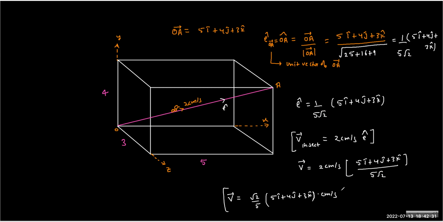This is the answer, the velocity vector. Is this clear, guys? Yes, sir. So this is how we express the answer. Given some value, we can convert it into proper x, y, and z coordinates. So going forward, we will be using this keyword problem as often as possible to solve some of the challenging problems.